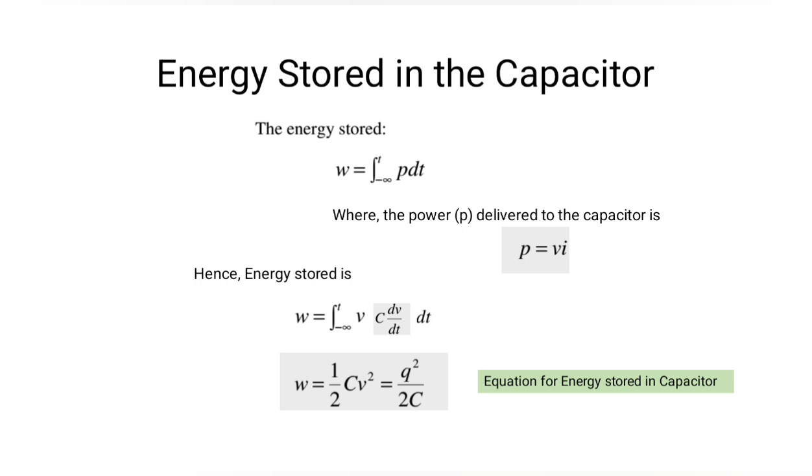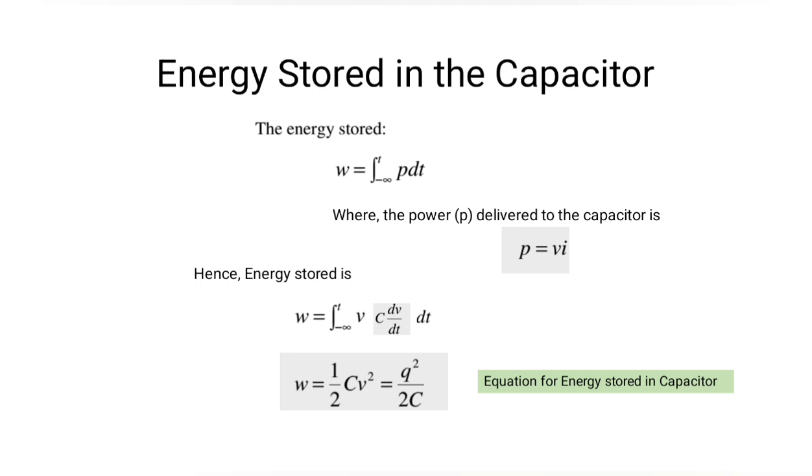And the energy stored in the capacitor, the basic equation as we discussed earlier, W is equal to integral of P dt, where P stands for the power. Power P is V into I. And here instead of I, we substitute C into dV by dt. So we get the energy stored W is equal to the integration of V into C dV by dt into dt.